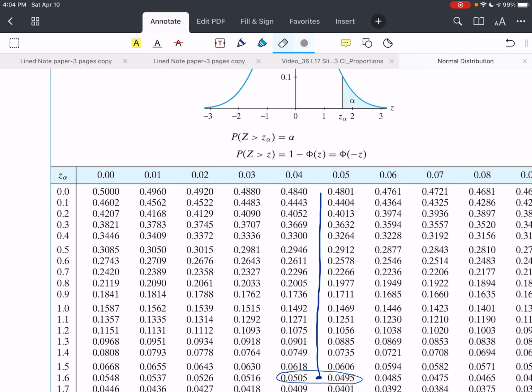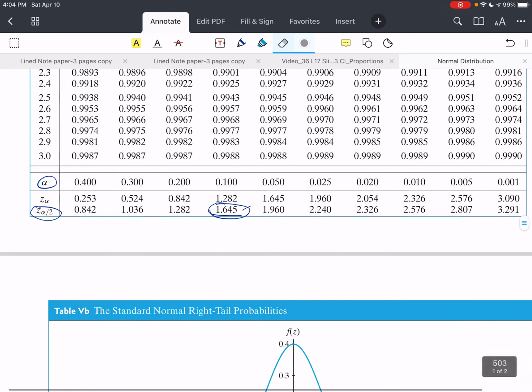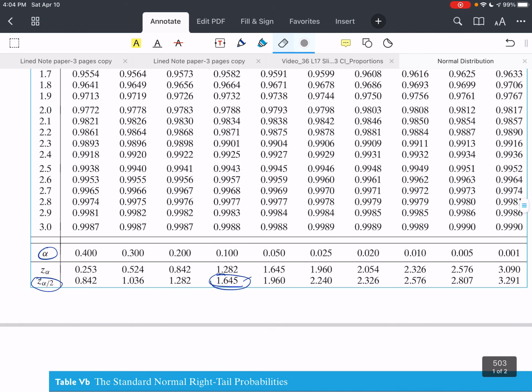So make sure that if you're doing a confidence interval or a hypothesis test, if the value of alpha is up here, use it. Because if you use 1.64, that's not right. If you use 1.65, that's not right. So the value is 1.645.